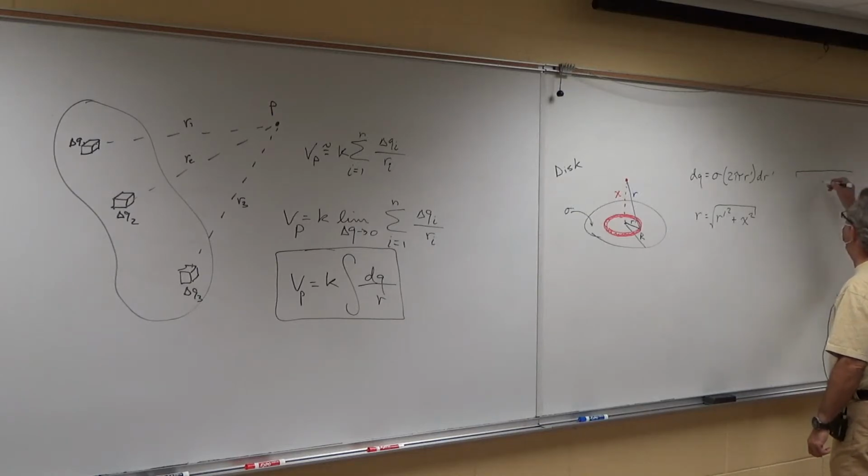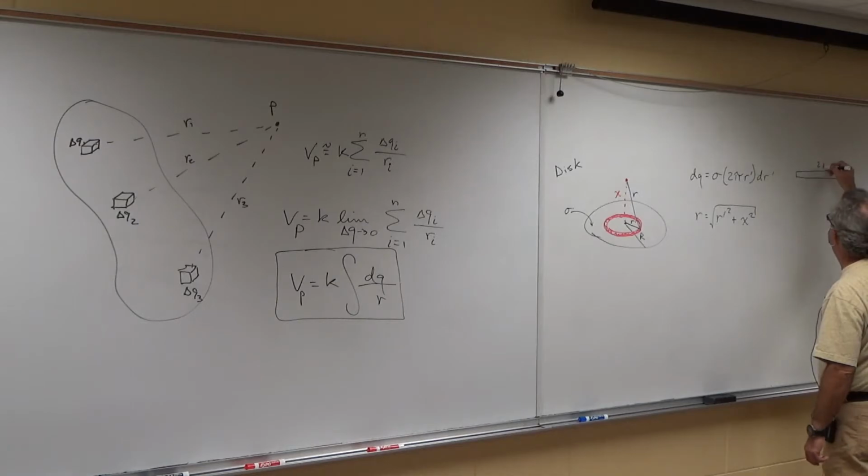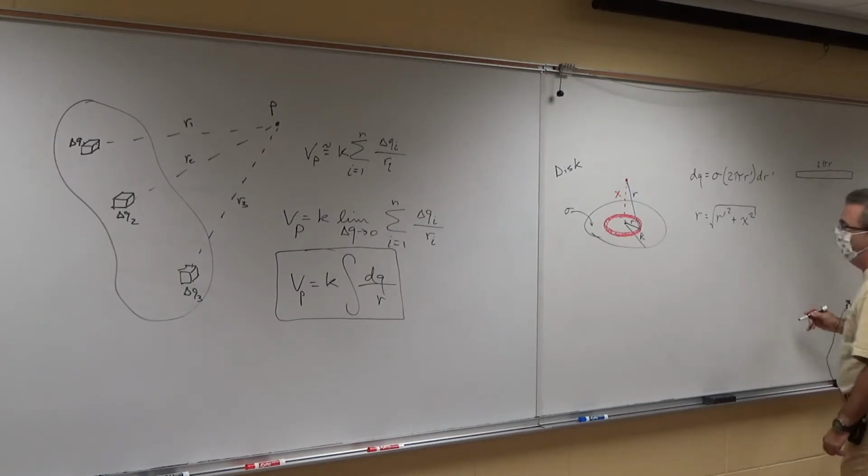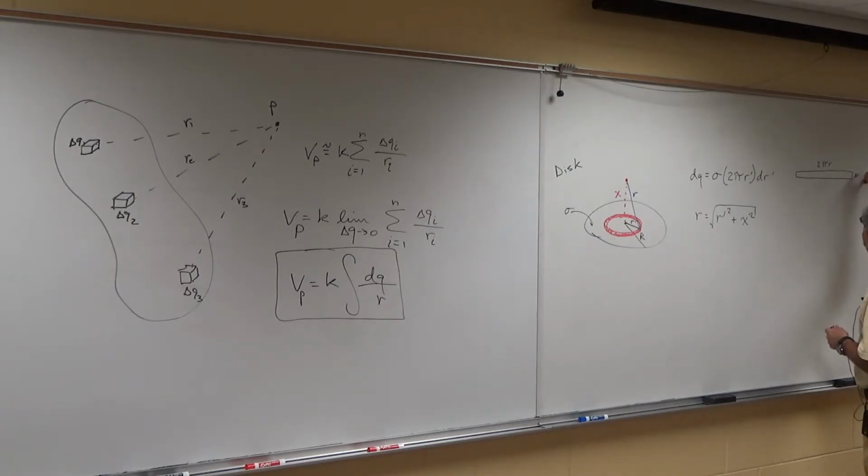I bend it and I lay it flat. This distance is 2 pi r, almost. This is delta r prime. I'm saying it's some little width delta r prime.